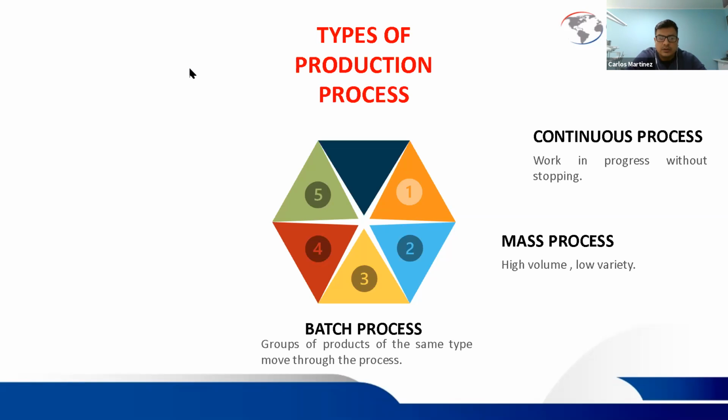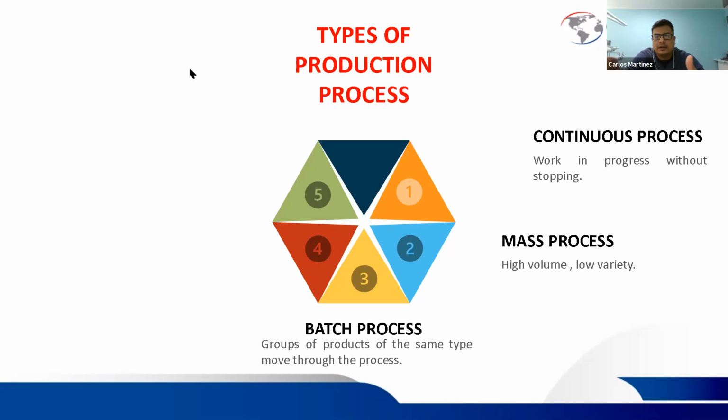Next, we have the batch process. When we have groups of products of the same type moving through a process. So we have, for example, product A produced at the same time, and then the next step, product B, and then product C. Like the process is divided by steps. Okay, so a big group goes to the first process, let's say manufacturing the package. Okay, so a big number goes through this process, and then that same big number goes to the next process, which is labeling the package.